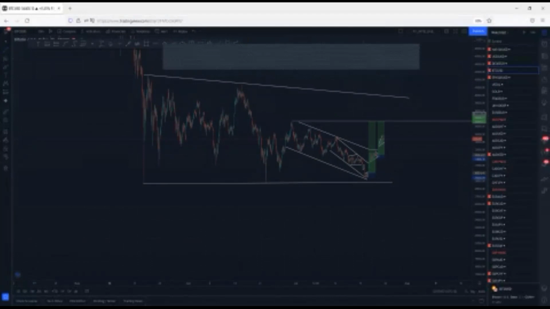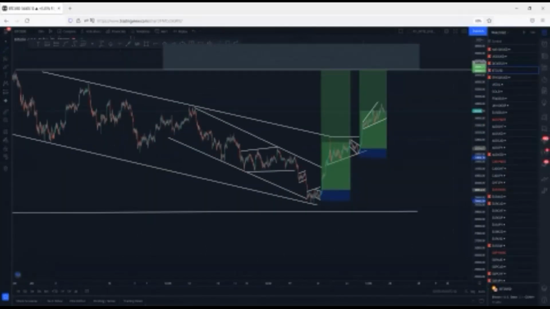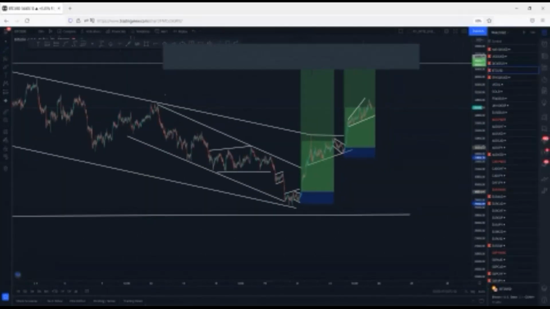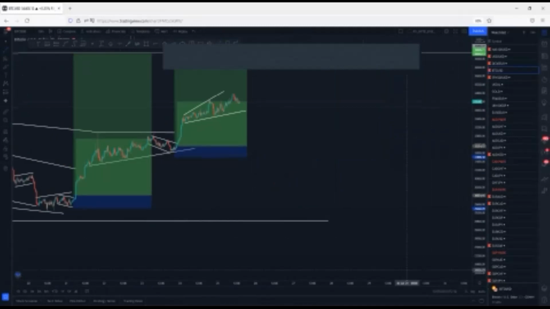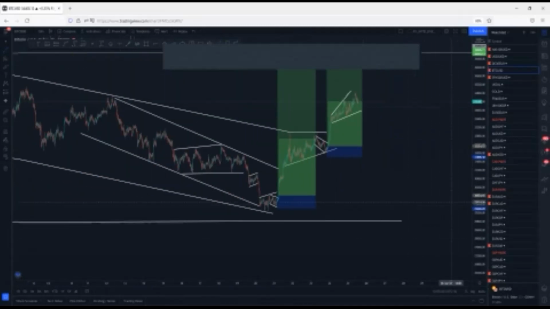So I want to show you something here. We know that the overall is going up. The market is going up because on the higher time frame, it shows us going up. You see, here you can say it's a reversal pattern. Let me remove these things.